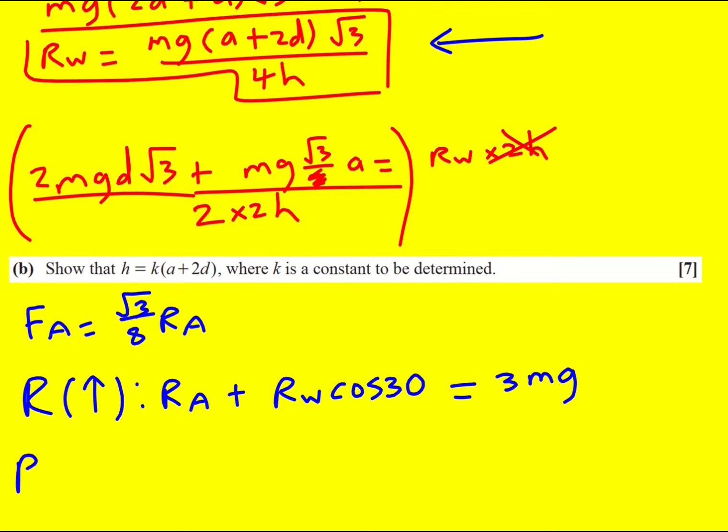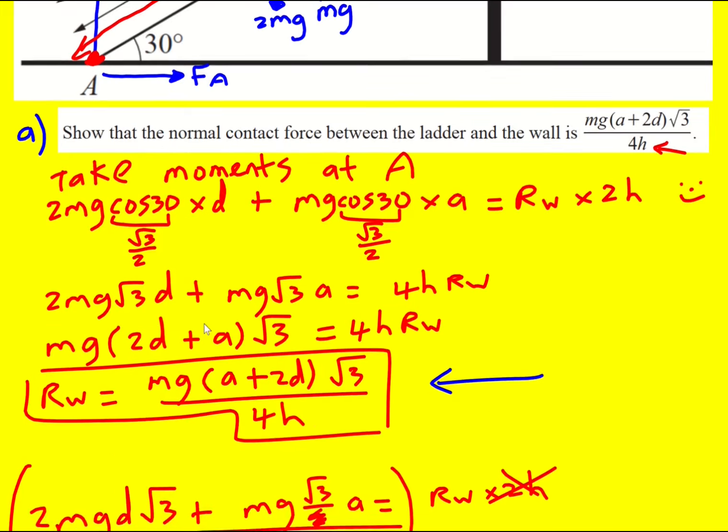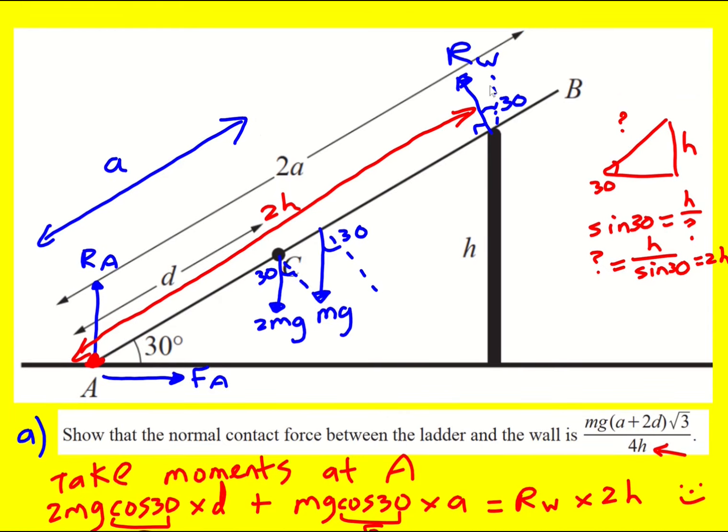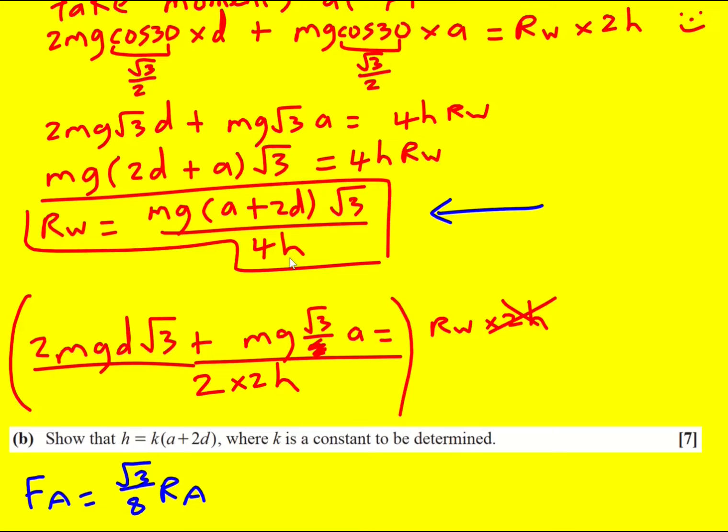Okay, and then we'll resolve in the horizontal direction. There's less forces here. So we've got a frictional force acting to the right, and then it's going to be Rw sine 30 acting to the left. So they're going to be equal.